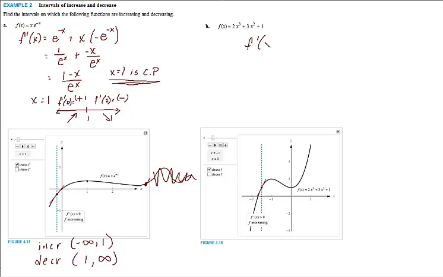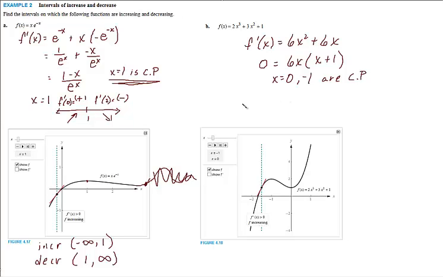F prime of x equals 6x squared plus 6x. Need to find the place where it's 0 or undefined. I'm going to pull out a 6x here, and that's going to be x plus 1. X equals 0 and negative 1 are critical points.